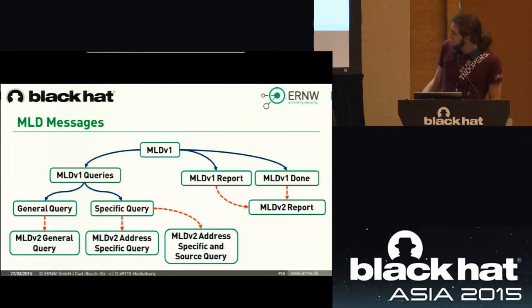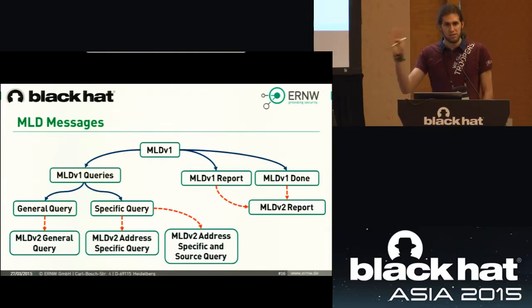In MLD version 2, this is summarized in the report as well, so he only sends a report message to tell, okay, I want to join, and he sends a report message again, I'm done with it. So just one message type for both purposes.